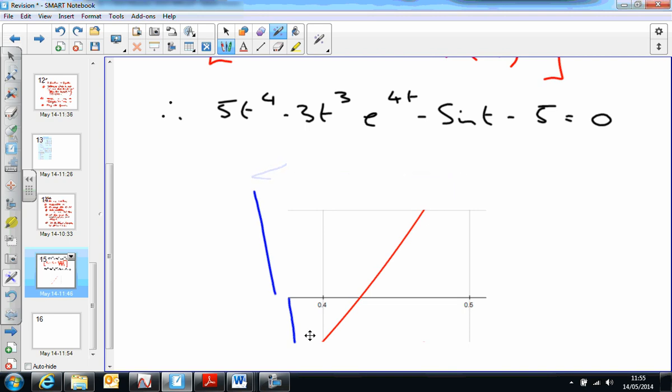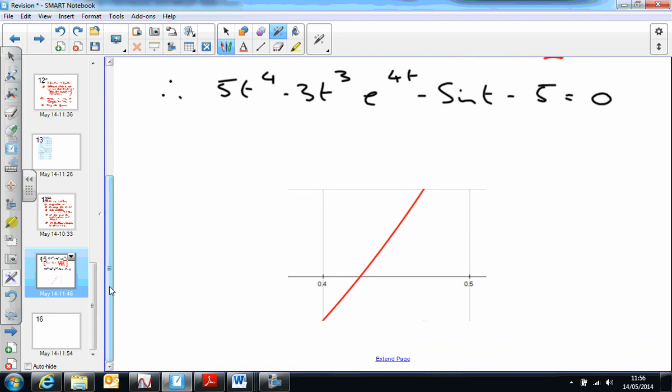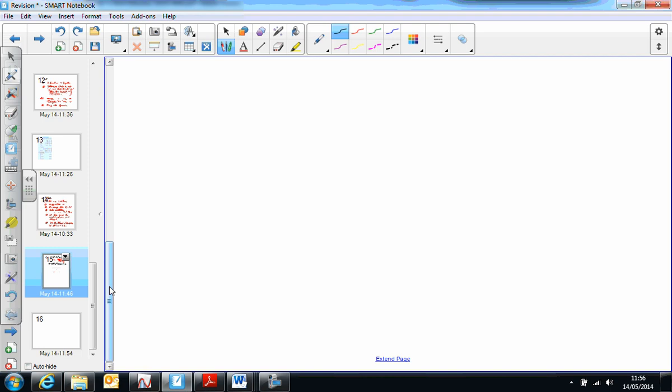The better your first guess, the fewer iterations you have to do to get an accurate answer, so make it a good guess. Sorry, 0.42 would be my first answer. So I'm going to let R1 equal 0.42, my first guess.